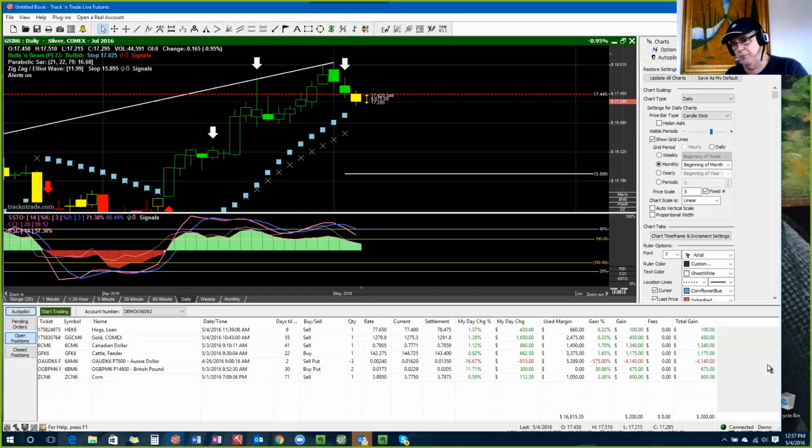So now I'm up $200, even counting my Aussie trade for today. I see 213. I think I get a lag, because I see like 225 right now. Do you see that too?